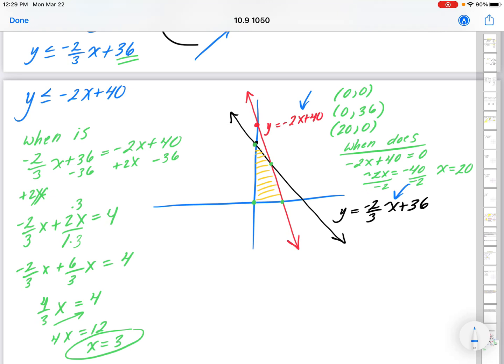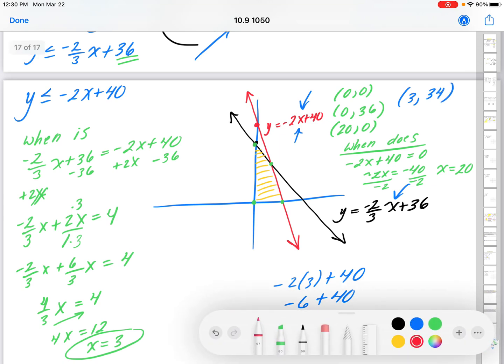So then at 3, I would plug it into either equation. I'll just plug it in right here. So that would be negative 2 times 3 plus 40. So negative 6 plus 40, right? Okay, we're doing good. So that'd be 34. So we also have the vertex with x value 3, y value 34.